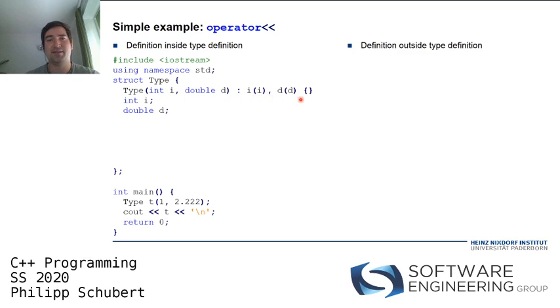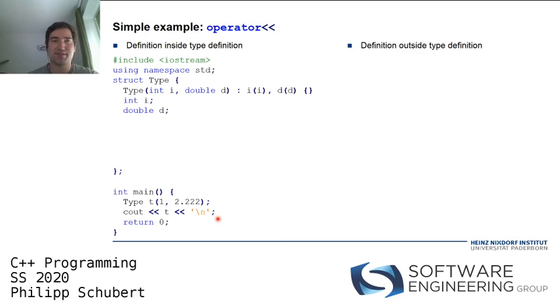Other than initializing all its members, the constructor doesn't do anything in our case. Then you can create a variable t of that type, and you give it the desired arguments such that the constructor can do its work. It will allocate some memory on the stack and initialize all the member variables.